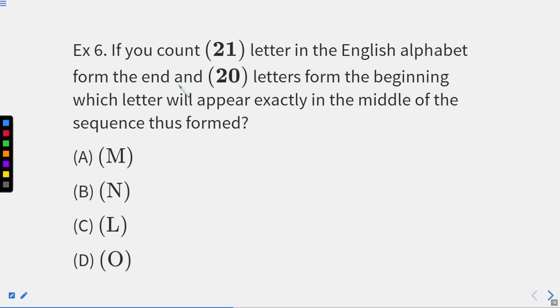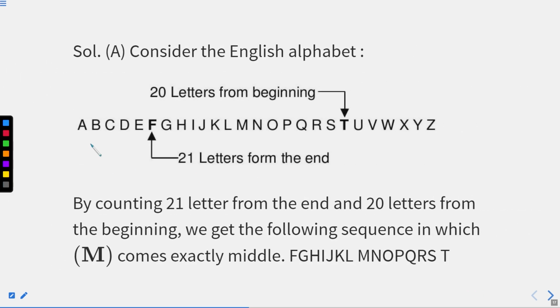And in the second situation, 20 letters from the beginning. If we start from A and move 20 steps ahead, we will get to the 20th letter. So if we calculate both alphabets, how does it look? If we start from Z and go up to the 21st letter, F will appear.